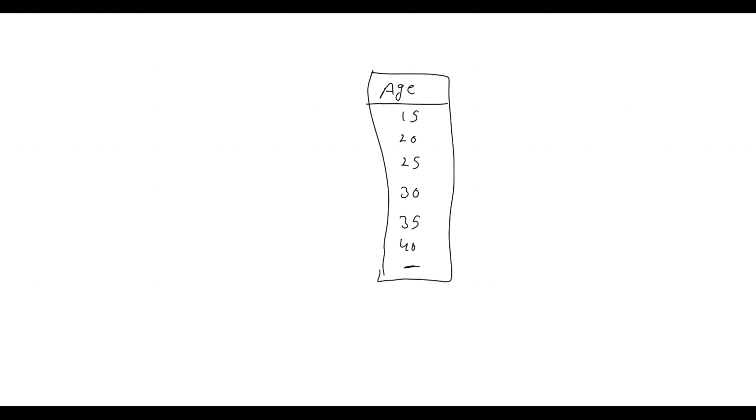Let's say age is an independent variable, it does not depend on any other value. One way is to fill the missing value with the mean: first you find the average age and then fill it in. The second method is median and mode.